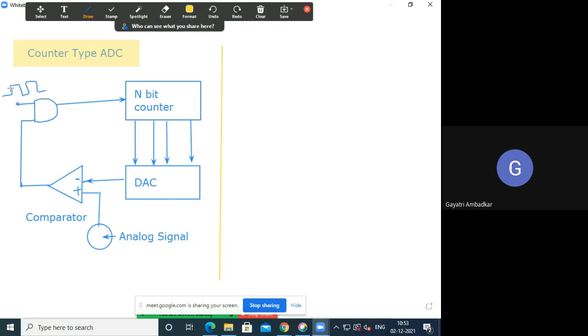So the clock is becoming high after every time interval. When there is a clock and when the output of the comparator is 1, then only the clock will be passed, that 1 will be passed. If the clock is 1 but the comparator's output is 0, the output of the AND gate will be 0.